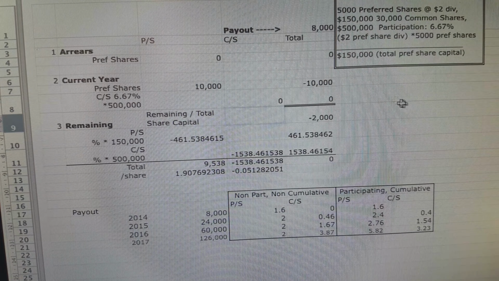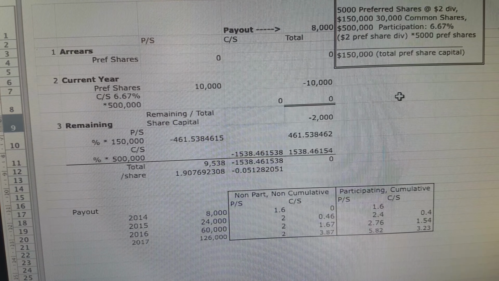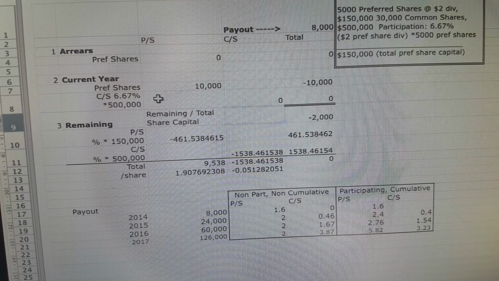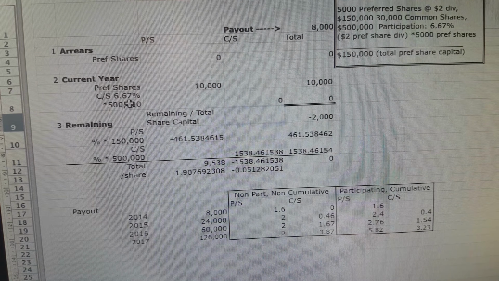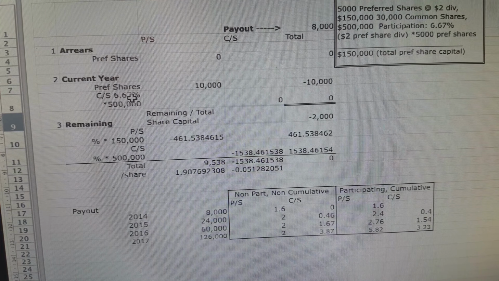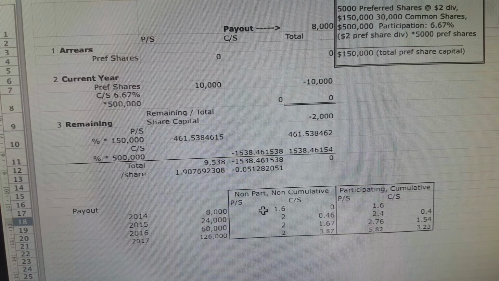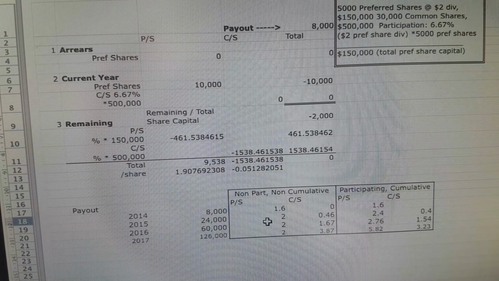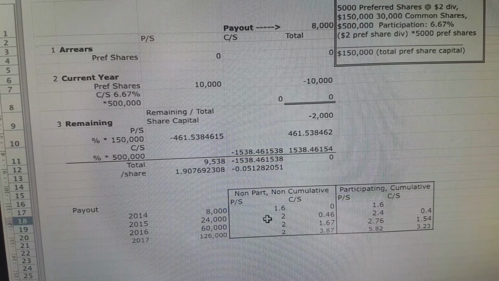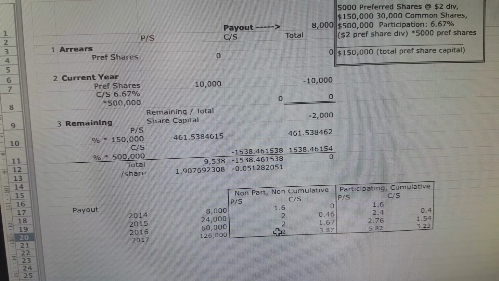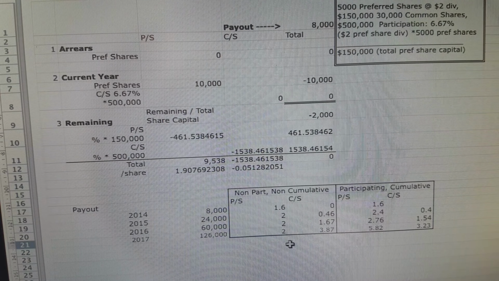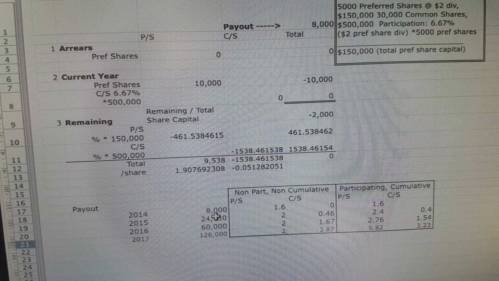I don't have that on the spreadsheet. I'm sure you can do it yourself, but you would take the 8,000 divided by the number of preferred shares, which is 5,000, and that came to 1.6. And I put that down here. That makes sense, right? Then for the next questions, it's 2, 2, 2, because all of the amounts are more than 10,000.